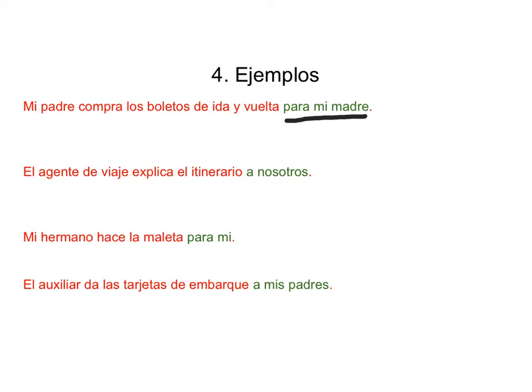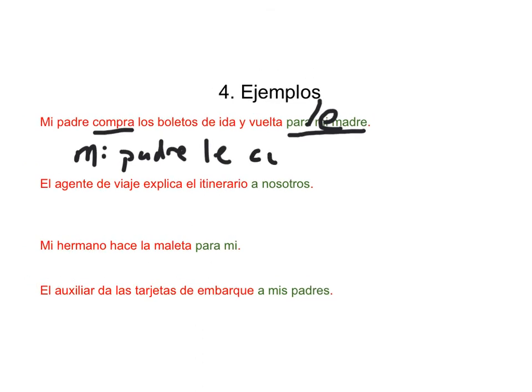So looking at my notes, the pronoun that takes the place of mi madre will be le, okay? But that is not where I can put the indirect object pronoun. I have a simple verb, which means that I must put the pronoun before that verb. So my sentence will look like this. Mi padre le compra los boletos.